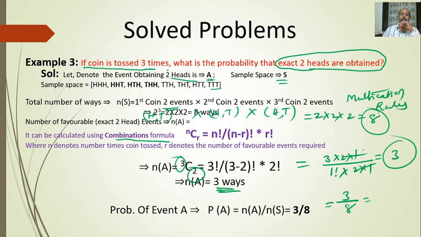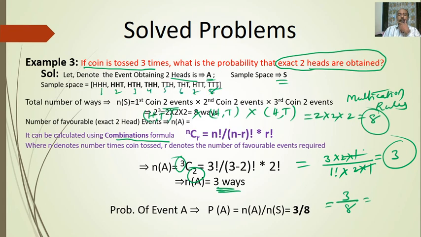So in that case, obtaining 2 heads is A, sample space is S. Then sample space, we have expanded using the depiction: HHH, HHT, HTH, THH, TTH, THT, HTT and all triple T. Hence, how many did you get by calculation, by depiction also? 1, 2, 3, 4, 5, 6, 7, 8.